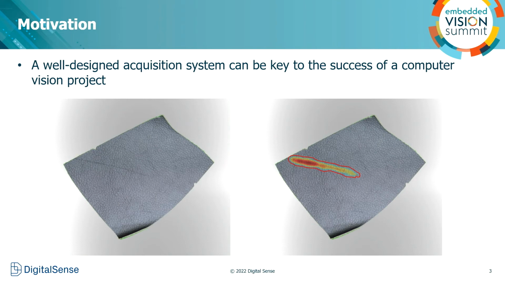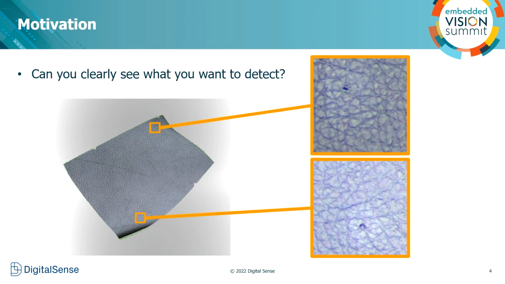And okay, if these were the kind of defects that you had in your application, if this was the type of image that you had, okay, great, you're good to go. What you need to make sure of is that all of your objects of interest are clearly visible in your input signal, right?